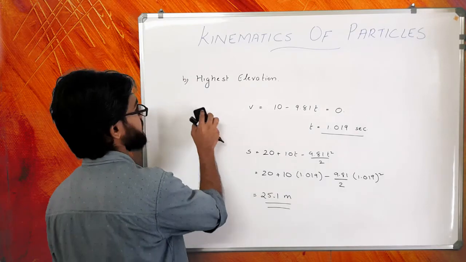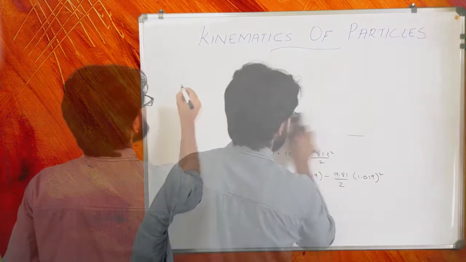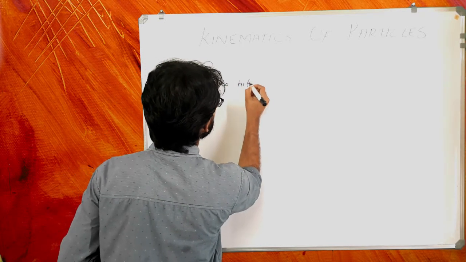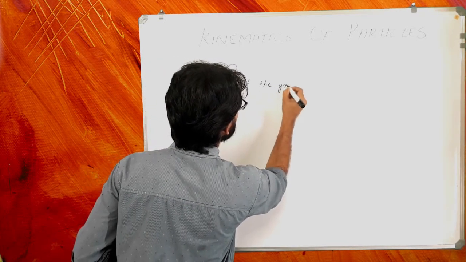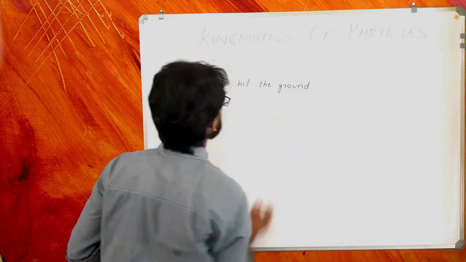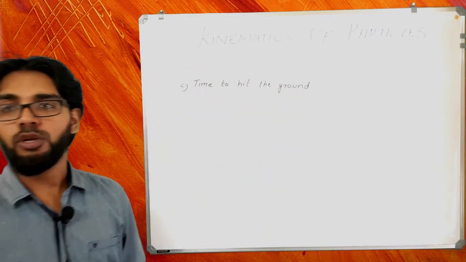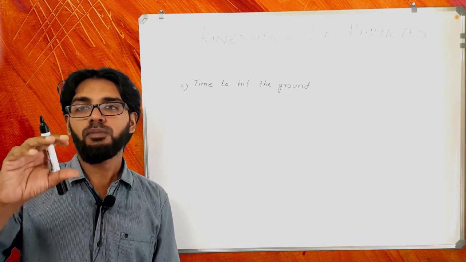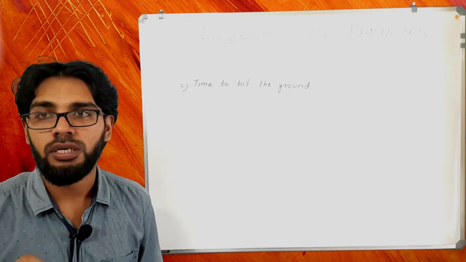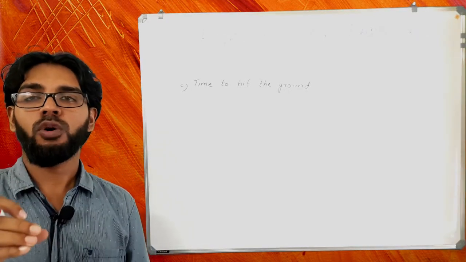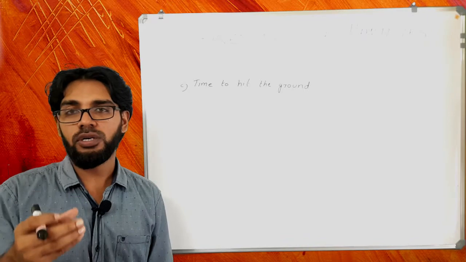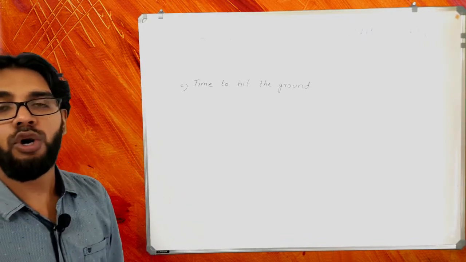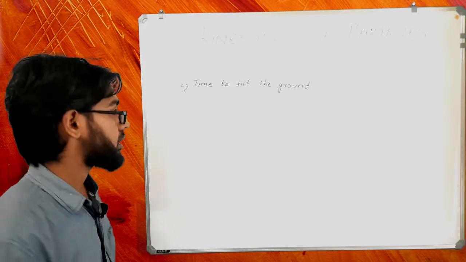The third part is time to hit the ground. Now, if you look at the figure here, when the ball hits the ground, what is the value of y, the height, or the value of s here? We can say that the value of s equals 0.